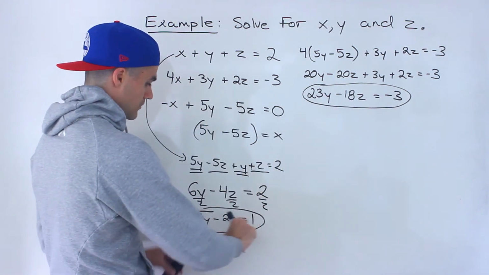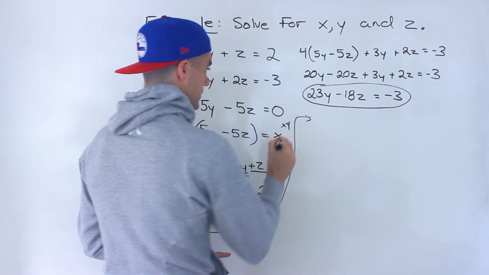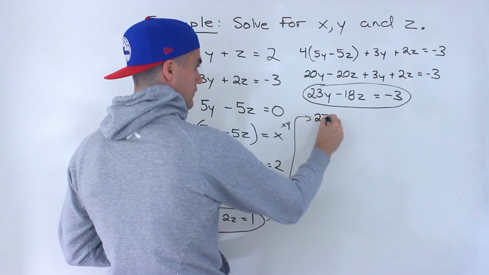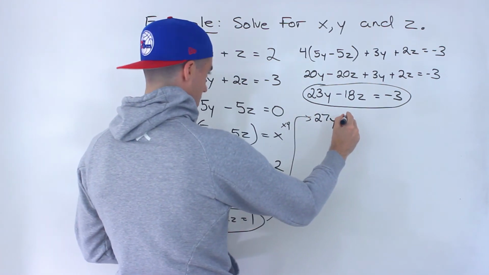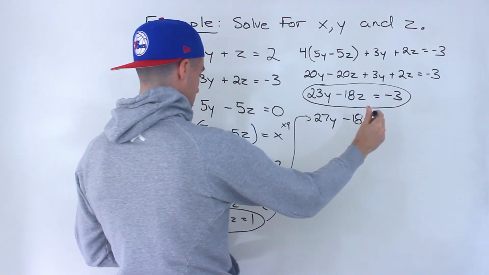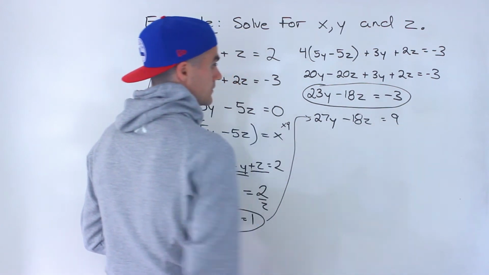So if I take this and multiply it by 9, we'll have 27y minus 18z. That's what we wanted, these to be the same. And then this would end up equaling 9.